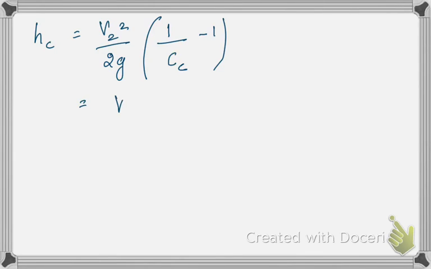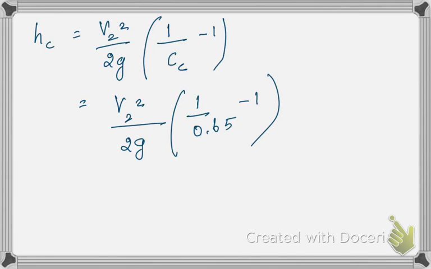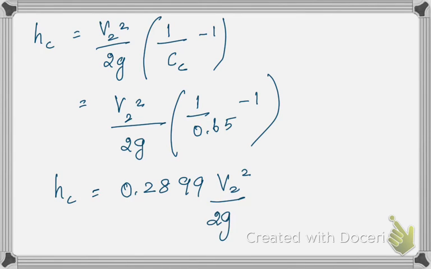V2 square is unknown to me. So V2 squared by 2g into (1 by 0.65 minus 1). So the head loss due to contraction will be 0.2899 V2 squared by 2g. I'll keep this as equation number 1, because V2 is not known to me. So that is a major thing.